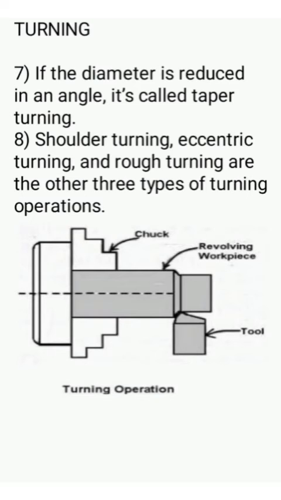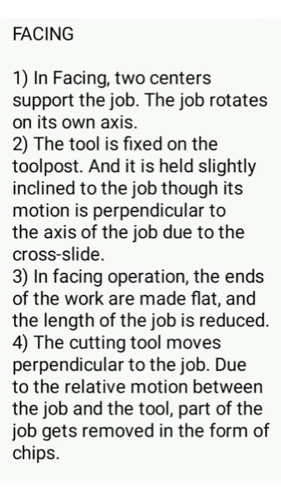Now let's talk about the facing process. Number 1. In facing, two centers support the job. The job rotates on its own axis. The tool is fixed on the tool post and its head is slightly inclined to the job, though its motion is perpendicular to the axis of the job due to the cross slide.